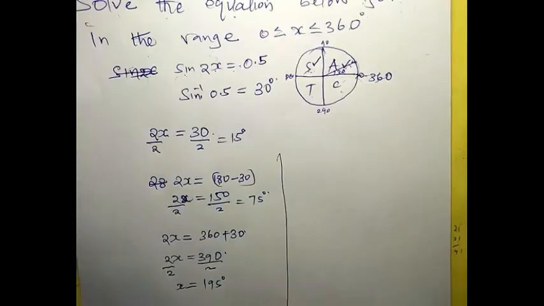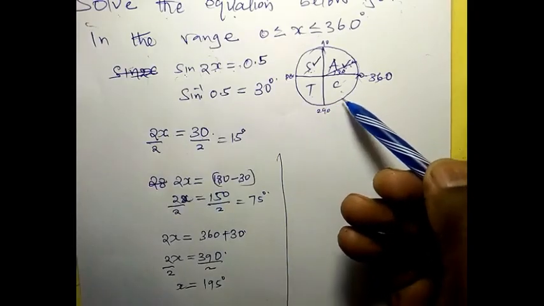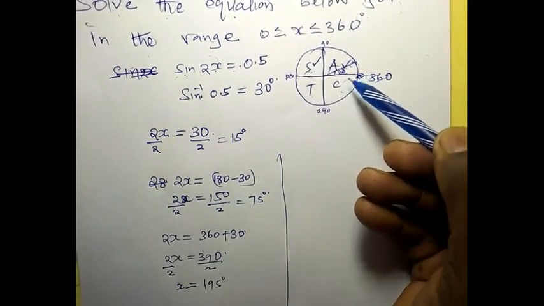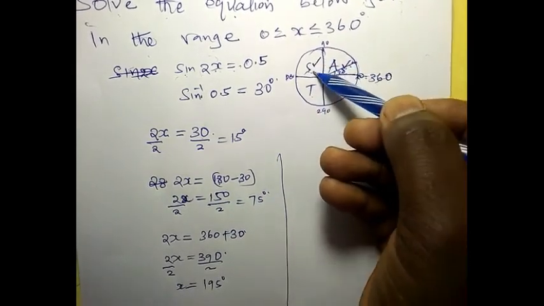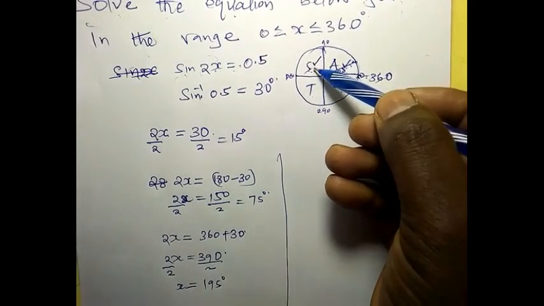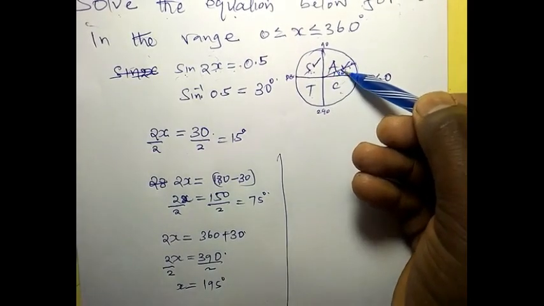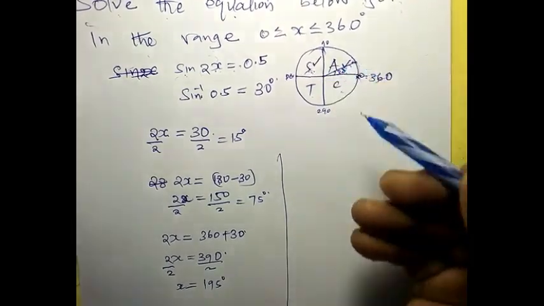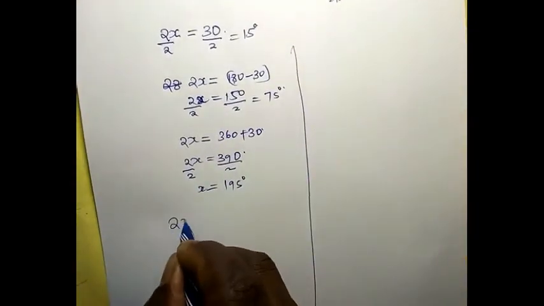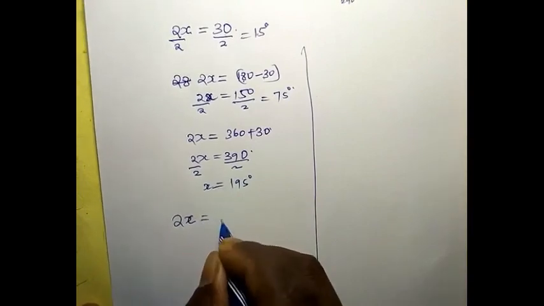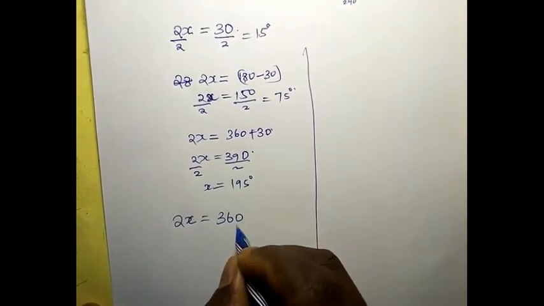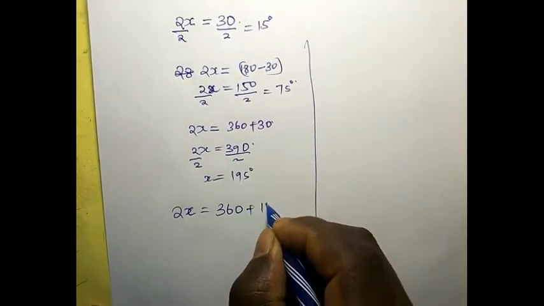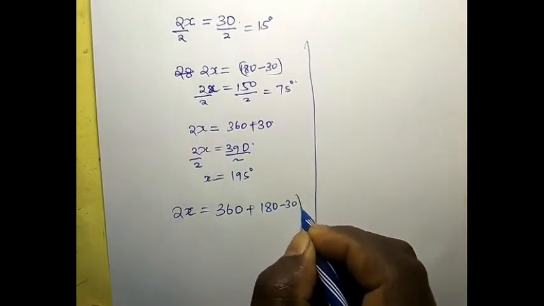Next. So we have gone one cycle, we are here, 360 plus 30. Now we go to this one. How do we get the angle at the second quadrant? It is 180 minus theta. But now we have 360 plus 180 minus 30. So 2x is equal to 360, one cycle, then plus the second quadrant, 180 minus 30.